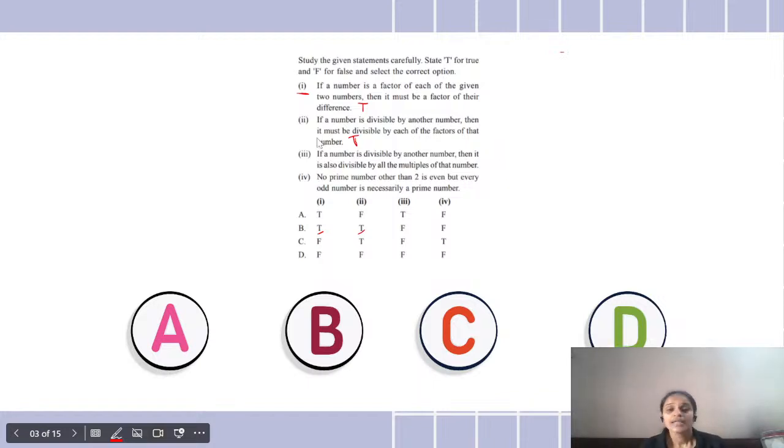Okay, let's say suppose मेरा number है, again let's take 24. So okay, वो 8 से divisible है, right? Then it is also divisible by all the multiples of that number. 8 के multiples क्या क्या हैं? 8, 16, 24, then 32.